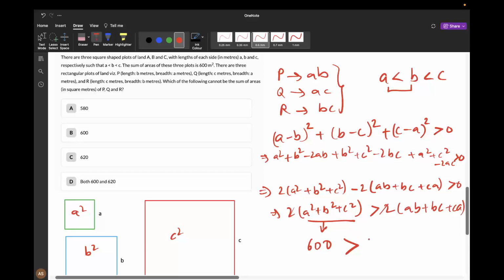So 600 is greater than AB plus BC plus CA, which is nothing but the area of P, Q, and R. So the sum of P, Q, and R must always be less than 600. So which of the following cannot be the sum of areas? Both 600 and 620 cannot be the sum of areas as it is not less than 600. It can be 580 and it can be any number less than 600.